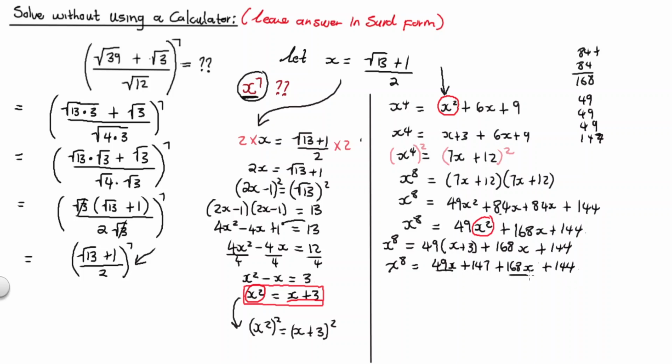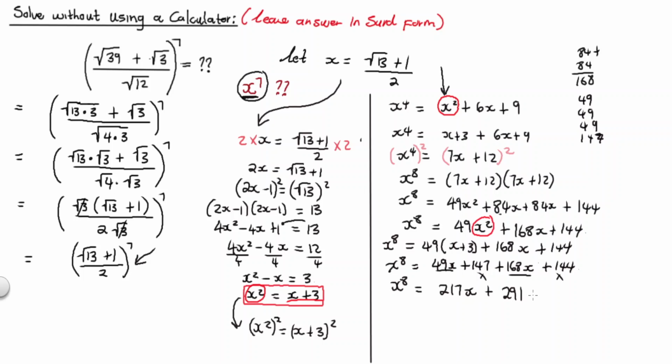Like terms: x raised to exponent 8, and then 49 plus 168, that's 217, 217x plus 147 plus 144, which is 291.